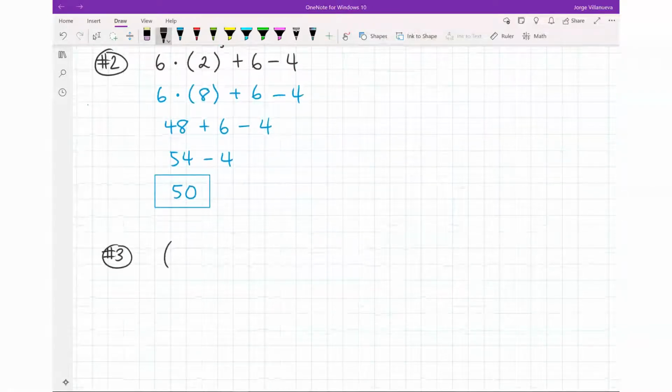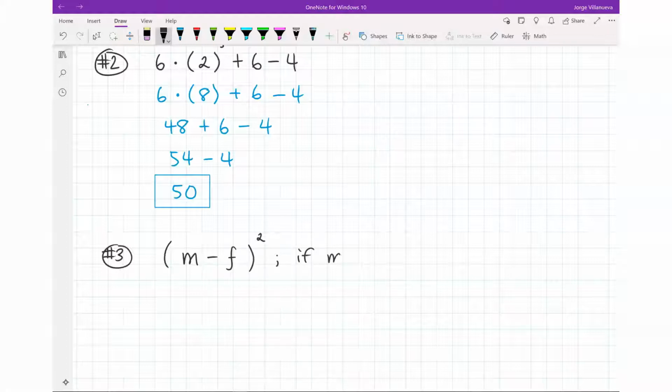They'll say, here's an M, let's say minus F squared if M is, let's say, 10 and F is 5. So they're going to give you a problem like that, which is still order of operations, but you're also going to be plugging stuff in, okay?